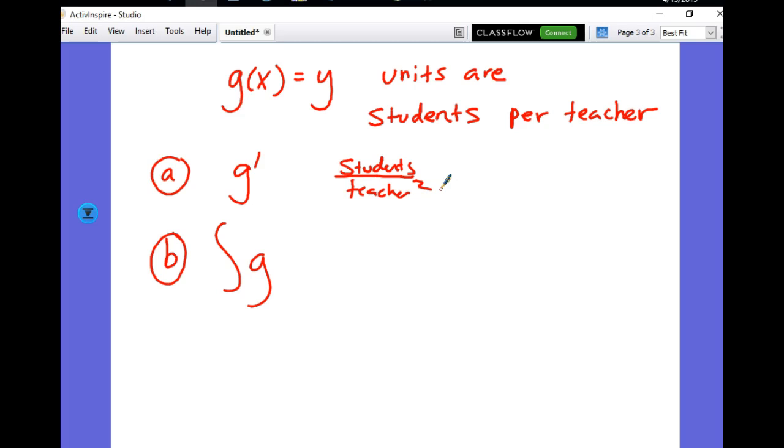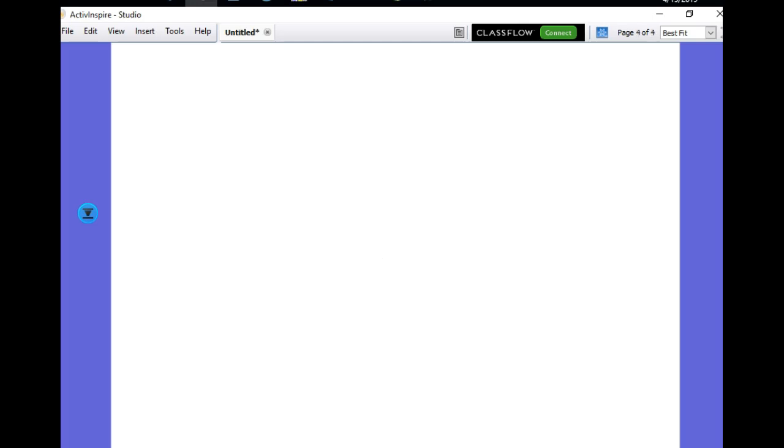So if I lose the input unit from the denominator, what will it be? Just students. So when you take a derivative, you add an input unit to the bottom. When you integrate, you lose an input unit from the denominator.